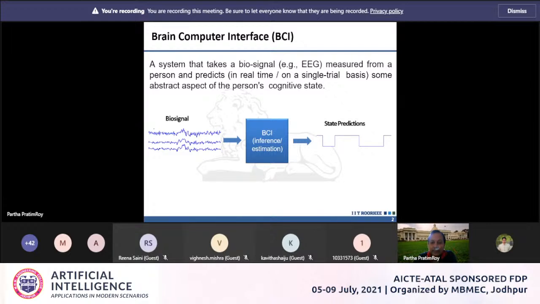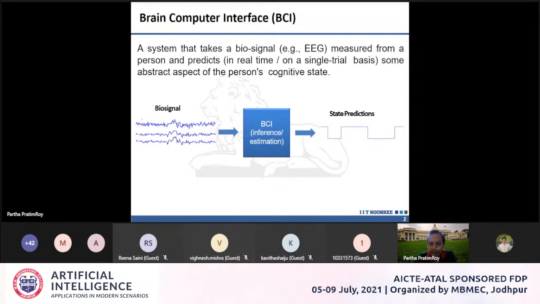Then healthcare. In healthcare, for example, we have ECG signals. You might have already seen that if some patients have a heart related disease, they go to hospitals and there they do a checkup with ECG.